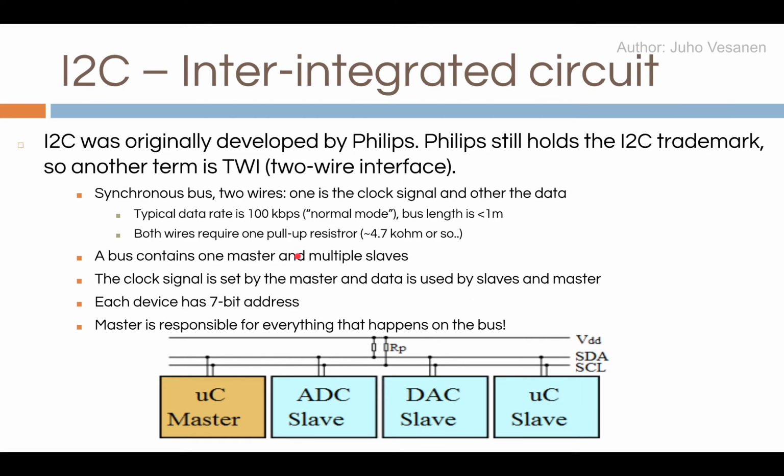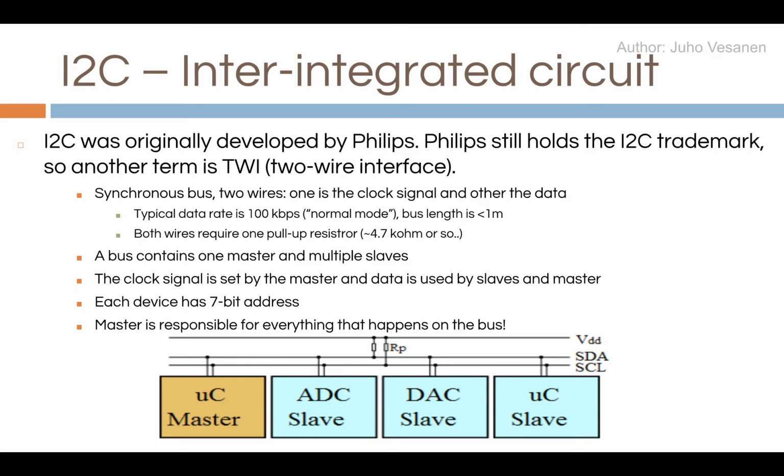The bus actually has a single master and multiple slaves. There are also extensions to the protocol so that you may have multiple masters, but when one master is on the bus, the other one is acting as a slave.